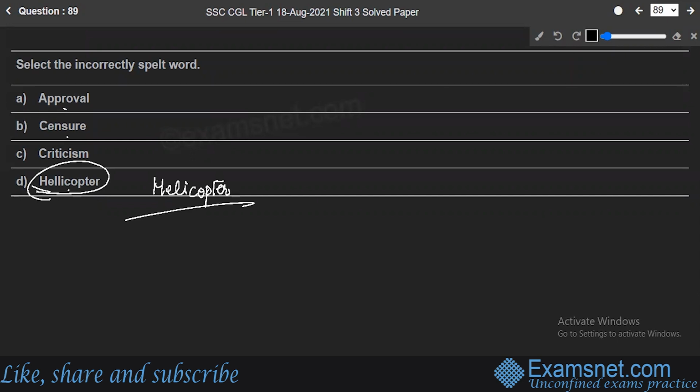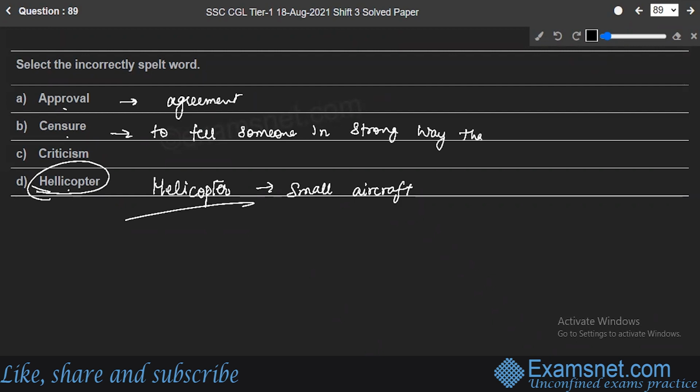It's a small aircraft that goes straight up into the air. Approval means agreement over something. Censure means to tell someone in a strong way that he has done something wrong.